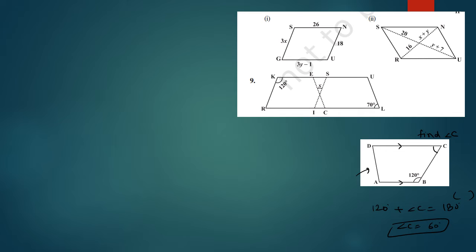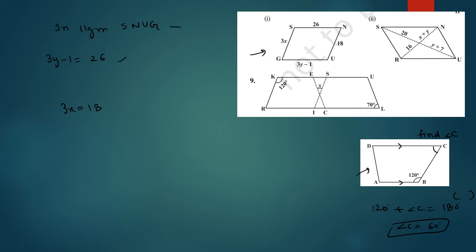Okay? Now here, sides are asked, and this is the parallelogram given to us. These pictures, these screenshots have been taken from your NCERT only. So in parallelogram SNUG, we know opposite sides are parallel, right? This is the property of a parallelogram. So 3y minus 1 will be 26 and 3x is 18.